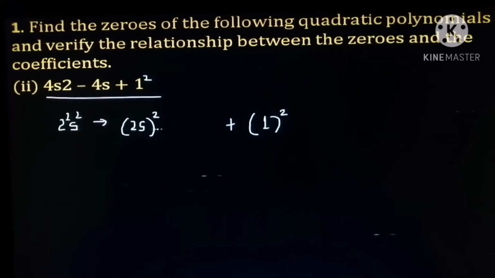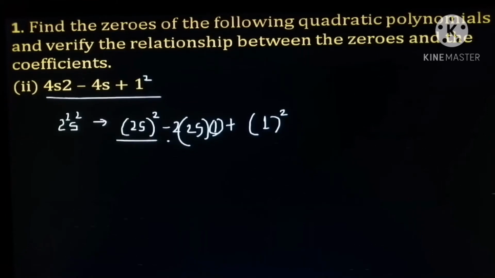And here you have minus 2 into, what's the value of a? 2s, and 1 is here. So when you look at it further, you have got all the values: a square minus 2ab plus b square.